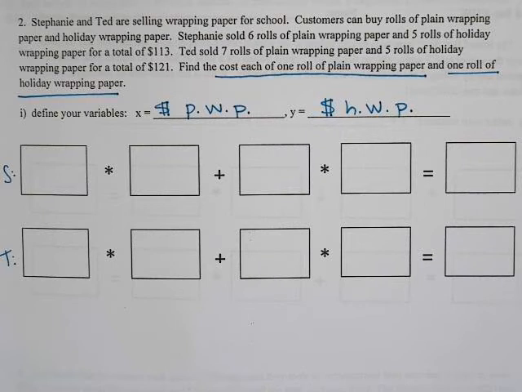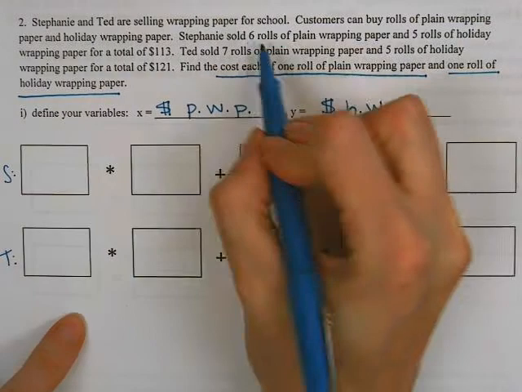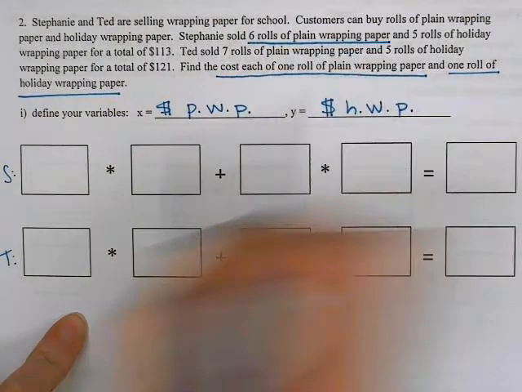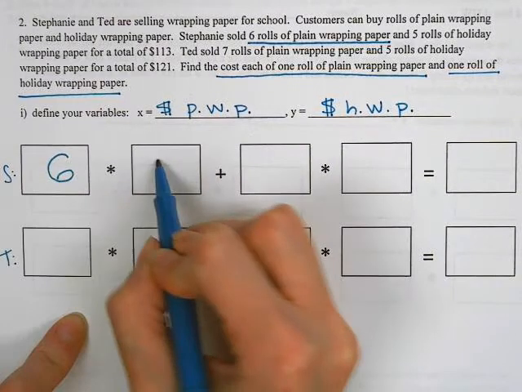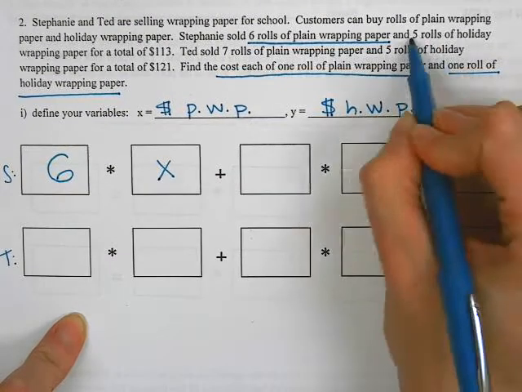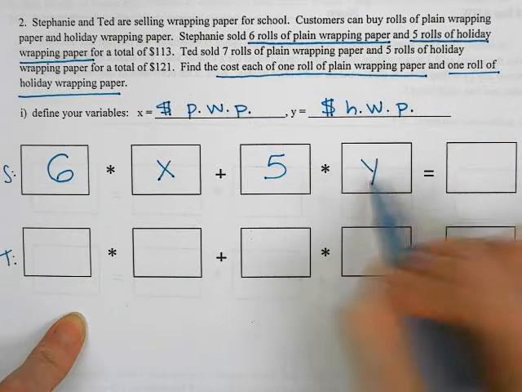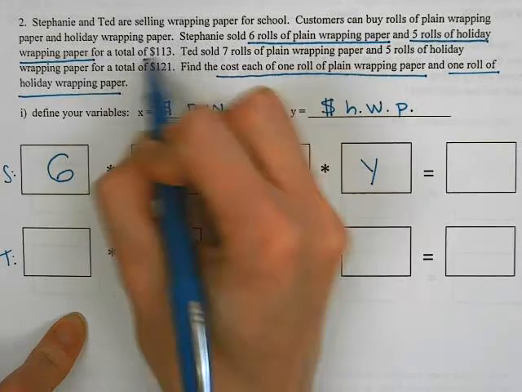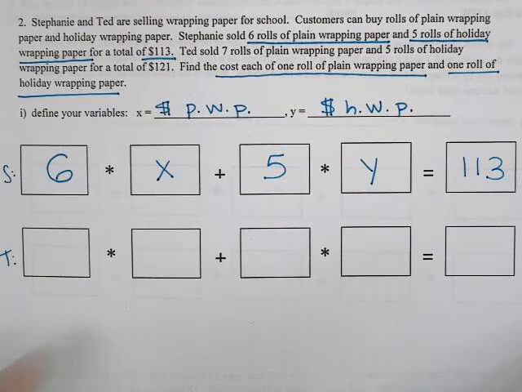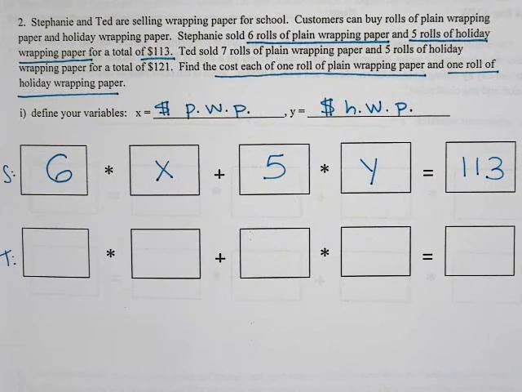All right, let's see what Stephanie's doing here. 6 rolls of plain paper, so 6 times x, plus 5 rolls of holiday paper, so 5 times y, for a total of 113. That's Stephanie. Now Ted.